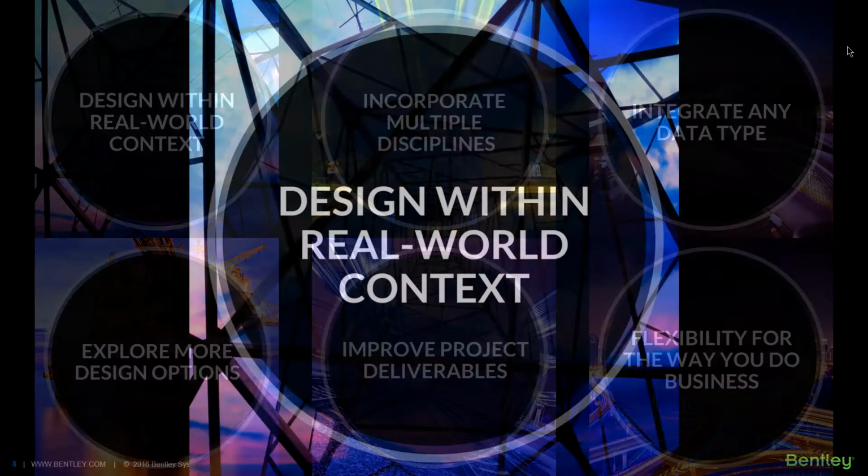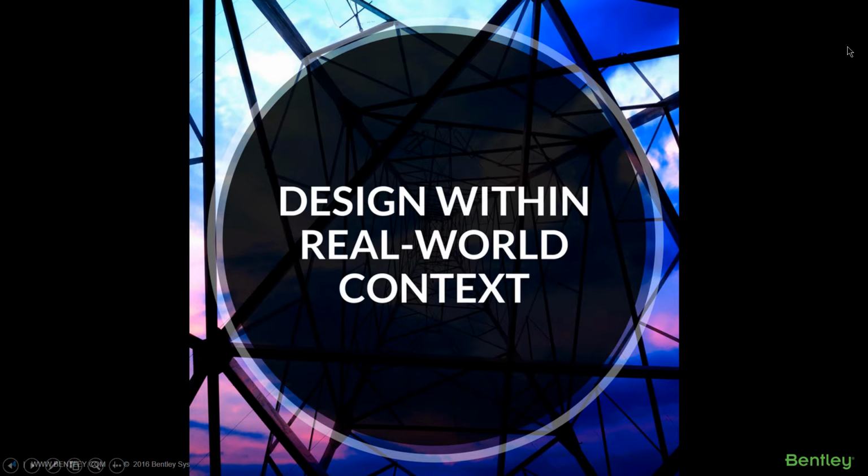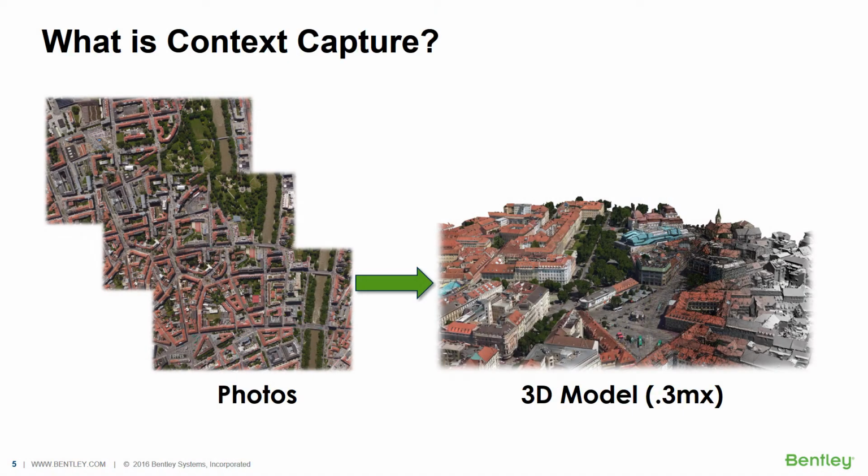I'm not going to have time to go through all of these things in detail, but we'll touch on a few of these and see some of the interesting things that we have done for you in MicroStation Connect Edition. We've introduced something called context capture. The 3MX file is the output of a context capture, and that can be referenced or brought in directly into MicroStation.